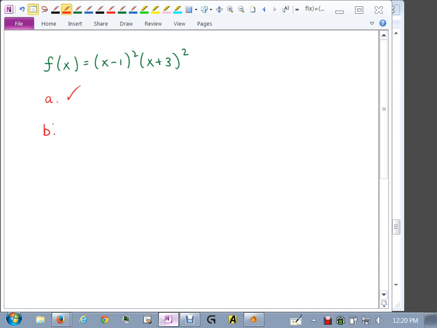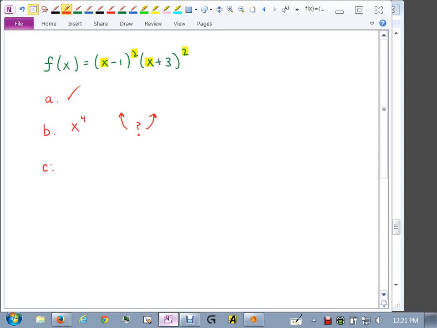How about left and right-hand behavior? This is x to the second power, right? This is x to the second power again, which means that this looks very much like x to the fourth power, which means I go up on the left, don't know in the middle, up on the right. That's my left and right-hand behavior.